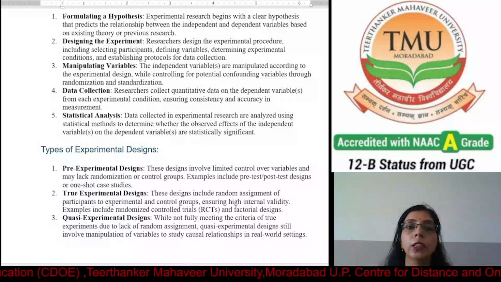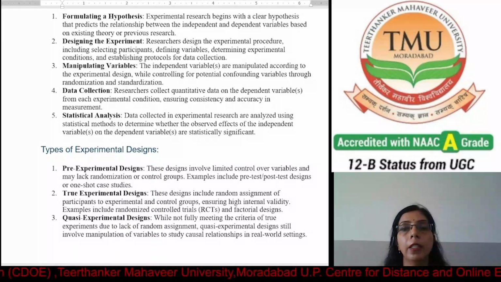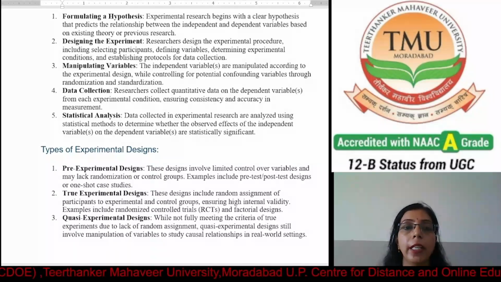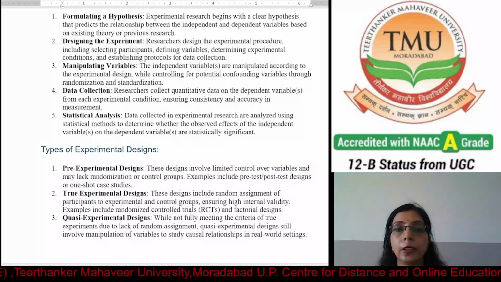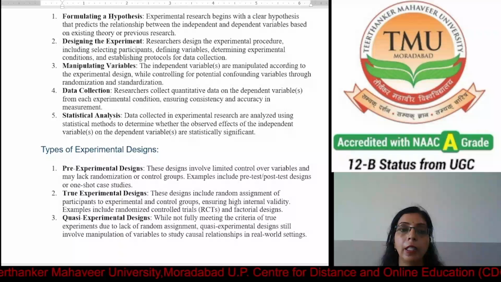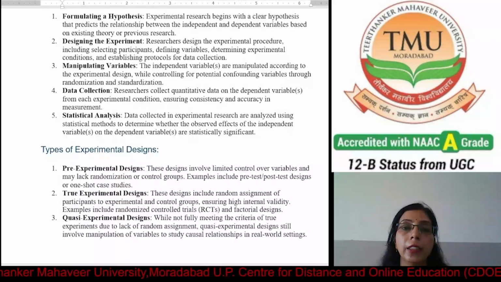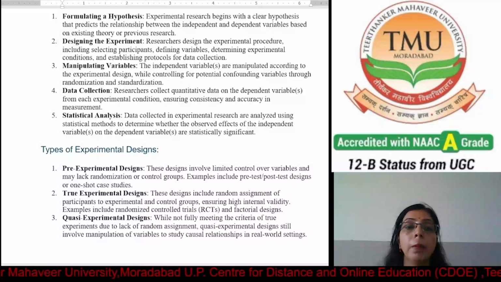In such situations, the researcher has to depend upon quasi-experimental designs that provide as much control as possible under the existing conditions. If an experimenter uses a quasi-experimental design, it is necessary for him to know which of the variables his design may fail to control.